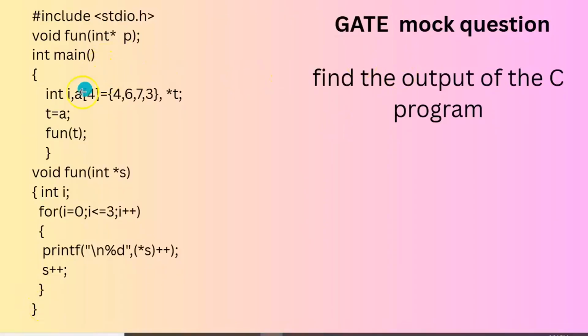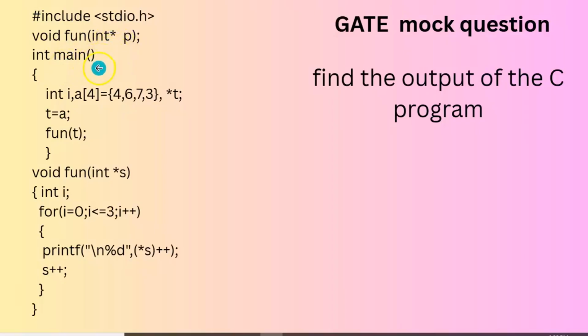Find the output of this C program. These kind of questions will appear in the GATE examination. So in this program, we have declared a function prototype, the function name is fun, and the argument we are passing is a pointer variable to integer data type.